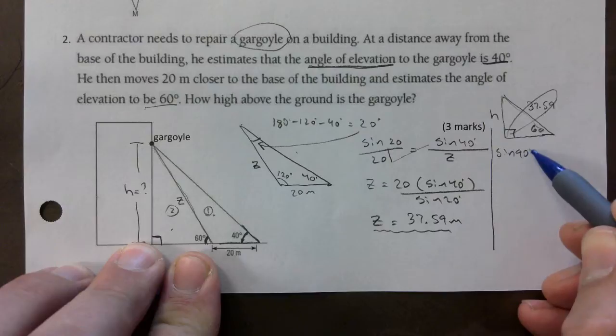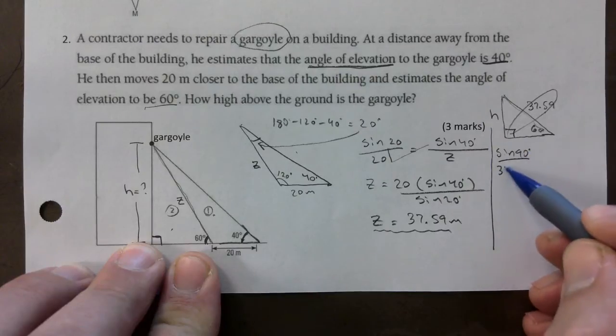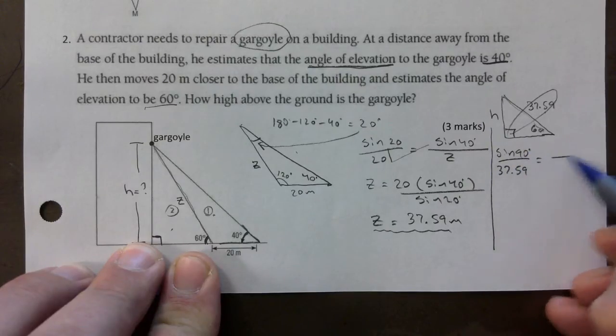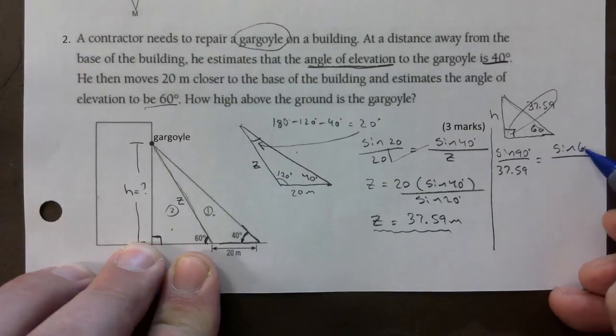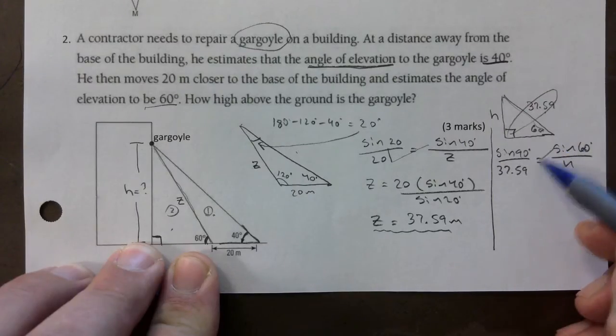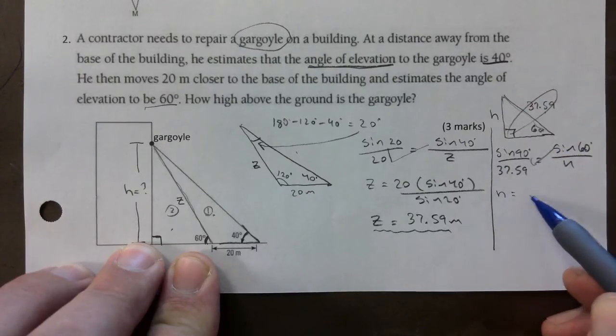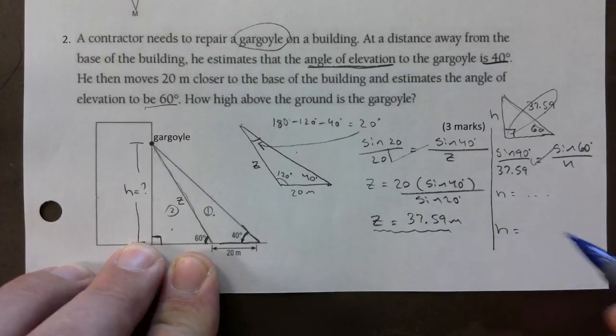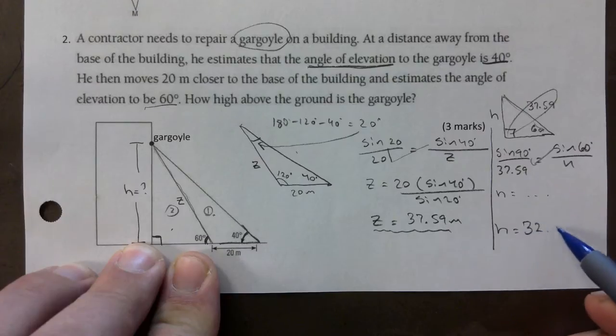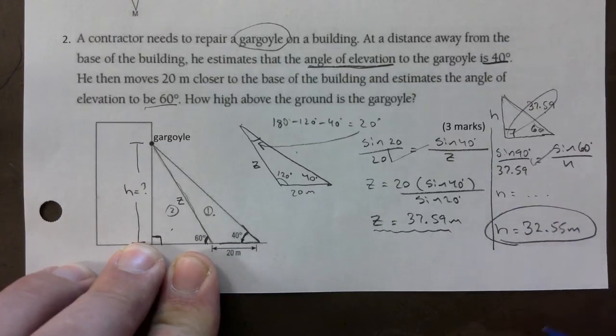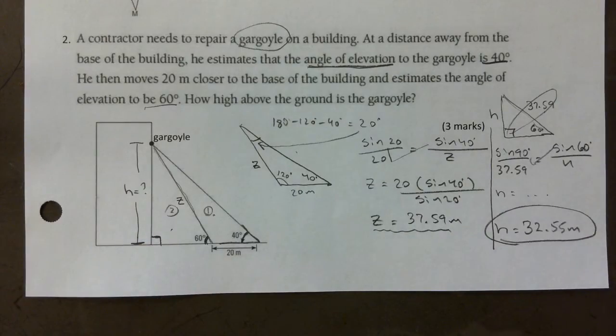So sine of 90 over 3759 is equal to sine of 60 over h. Cross multiply and divide. I'm going to give you that step. So h is 3255. That is the height of the gargoyle. Okay?